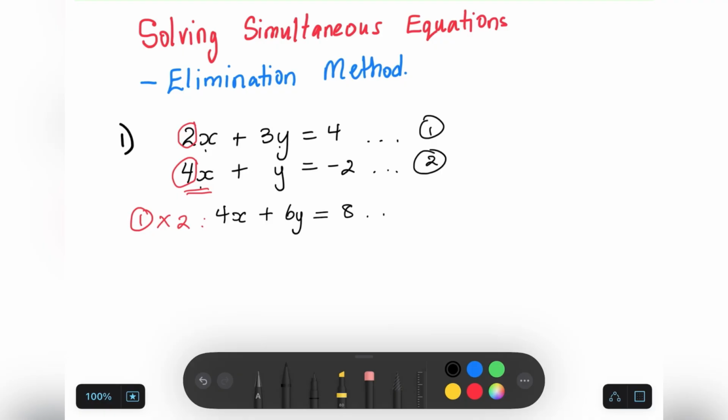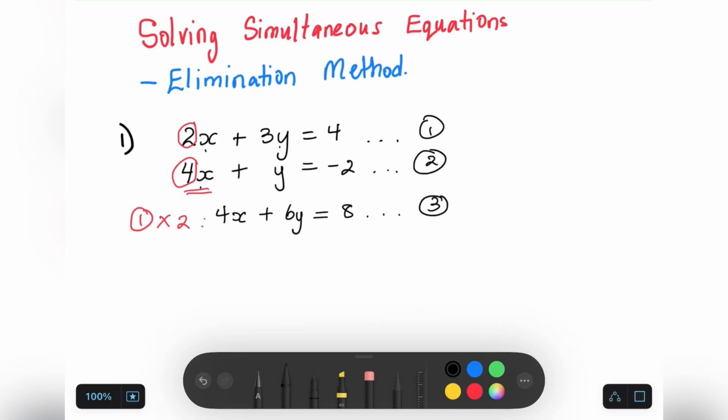This is my new equation 3. So now in equation 2 and in equation 3, I have 4x. Since I have the same coefficient of x, I could go ahead and use the elimination method.